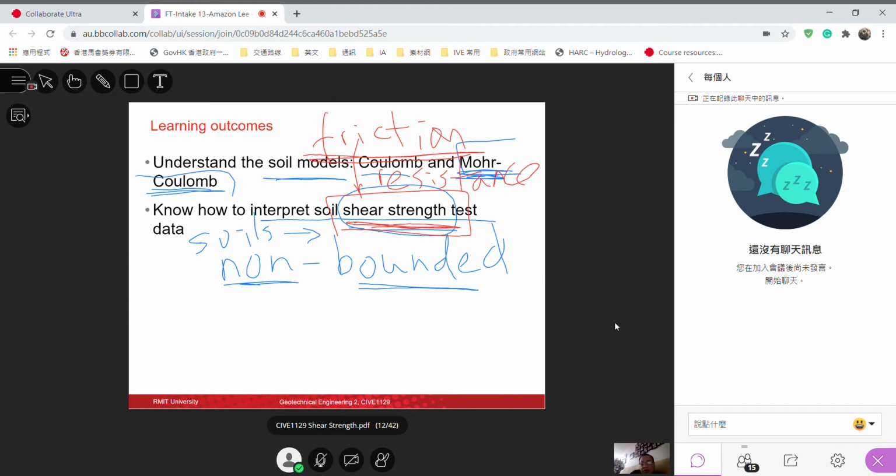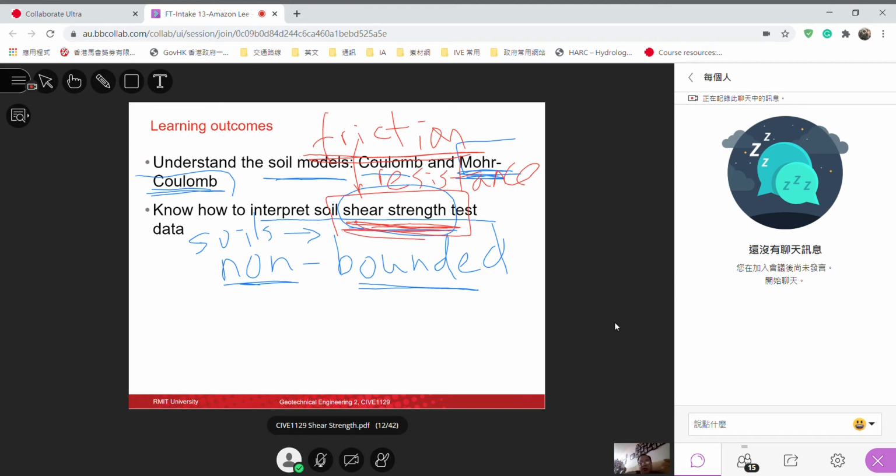But when you have pressure applied to it, this pressure will mobilize the surface friction, the friction from the surface of one soil particle to the next particle. Through this frictional resistance, it generates a shear resistance, the shear strength.